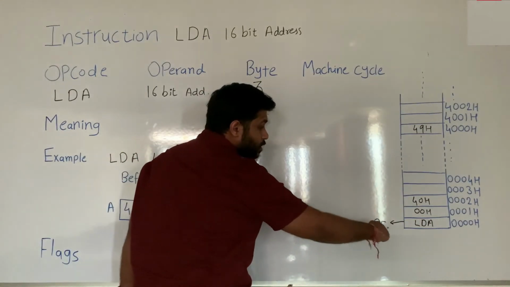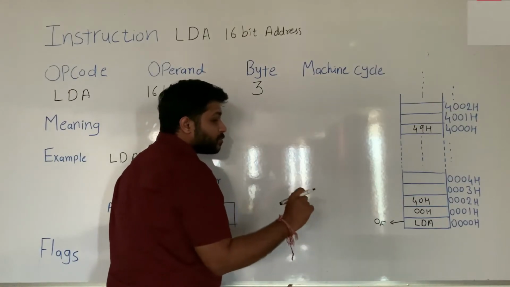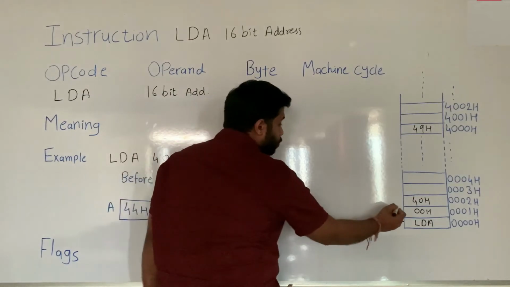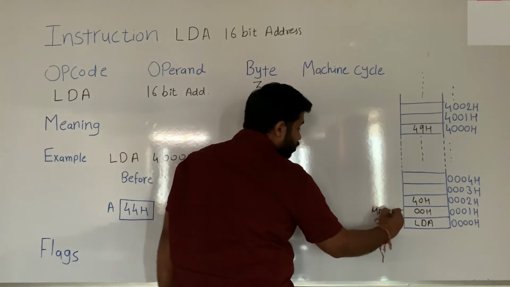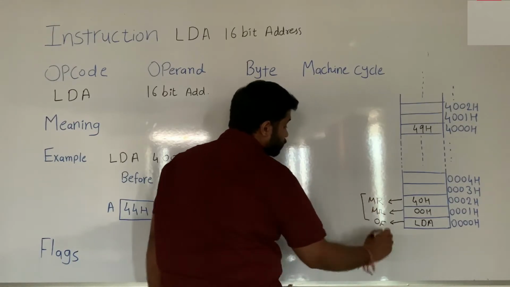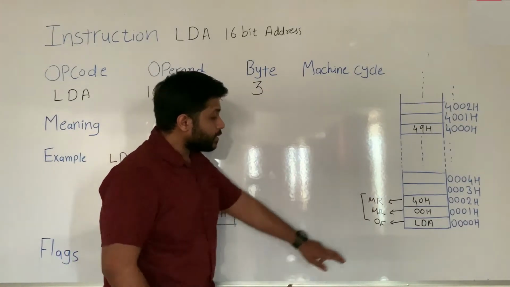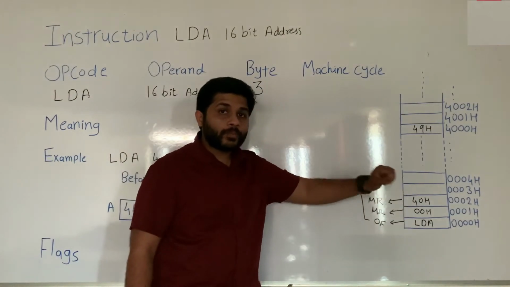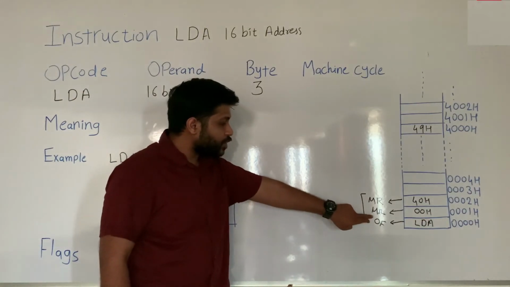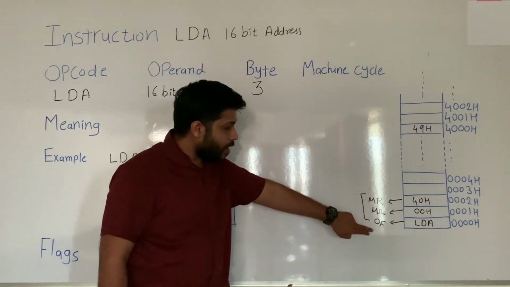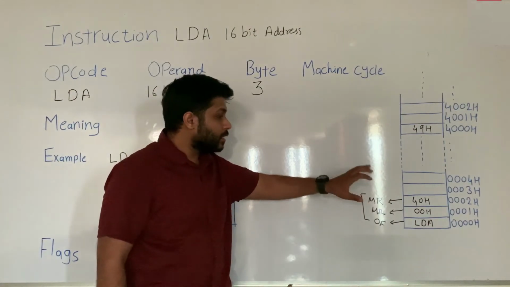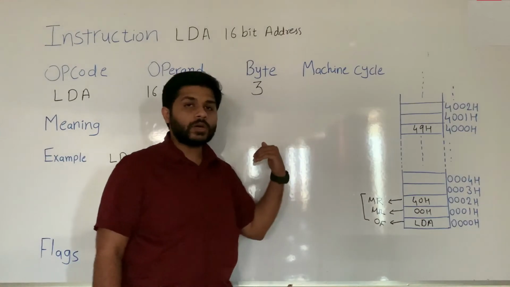To read this whole instruction, just the opcode fetch machine cycle is not sufficient. So the microprocessor has to memory read the next location, and again perform the memory read machine cycle. So to read this instruction, the processor has to perform 3 machine cycles: opcode fetch, memory read and memory read. After these 3 machine cycles, the whole instruction is transferred to the microprocessor.